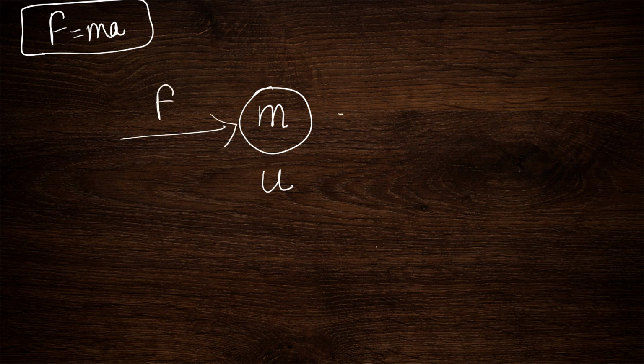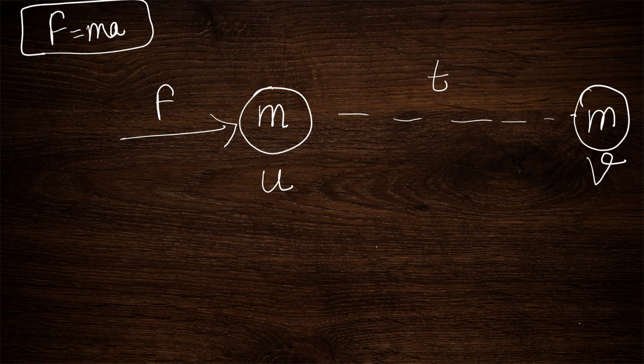The rate of change of momentum of a body is directly proportional to the applied force. Wait, that's confusing. Let's consider an object of mass m with an initial velocity u. Now, upon some force acting on this object, it undergoes some displacement and reaches a final velocity v in a certain time interval.